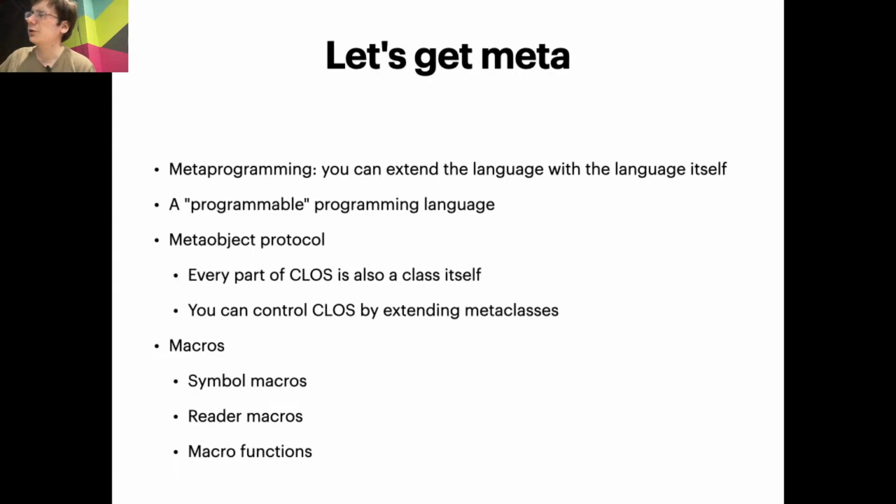I think one of such experiments is called netclause. I don't know if it was actually used, but you can find it if you're curious how Meta Object Protocol is used for such things.